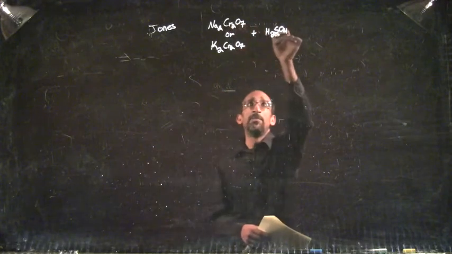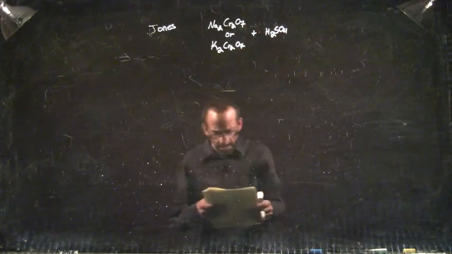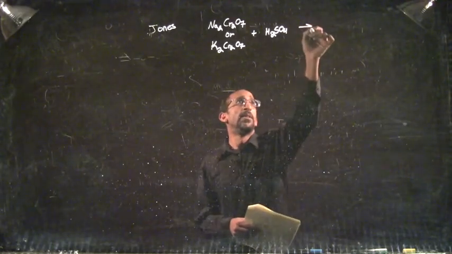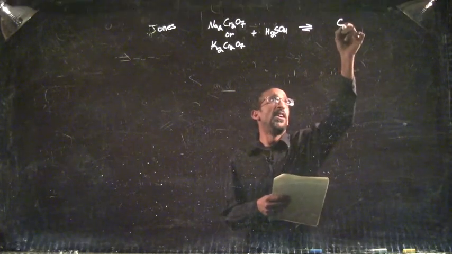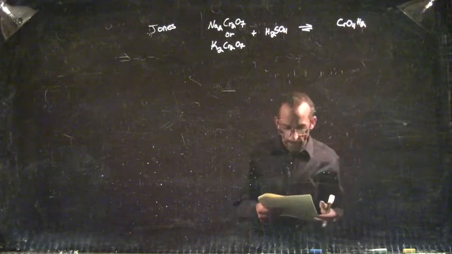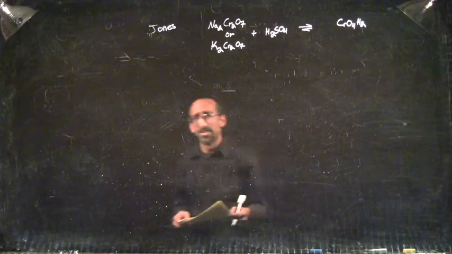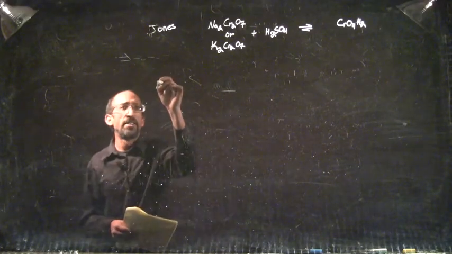Either sodium dichromate and sulfuric acid or potassium dichromate and sulfuric acid come together to generate chromic acid, which is going to be CrO4H2, right? Now, I don't need you to know arrow pushing for the Jones oxidation, but I do need you to know what types of products come out.